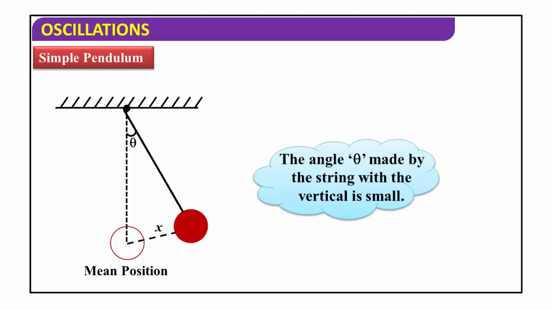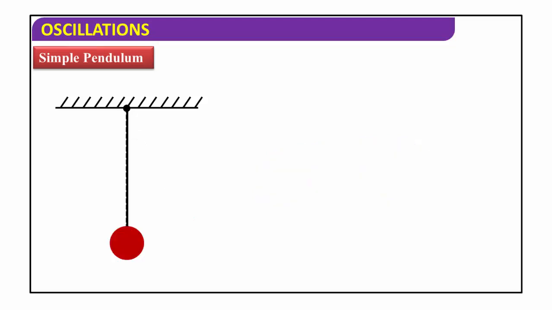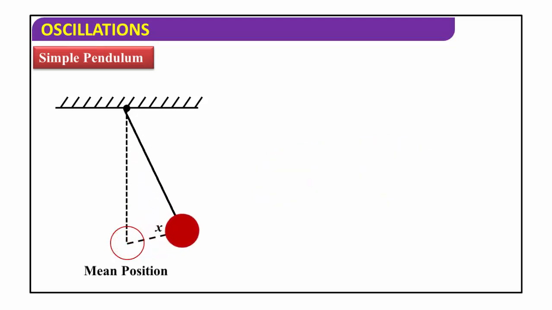When the bob is displaced slightly through an angle theta from the mean position and then released, it starts oscillating about its mean position.